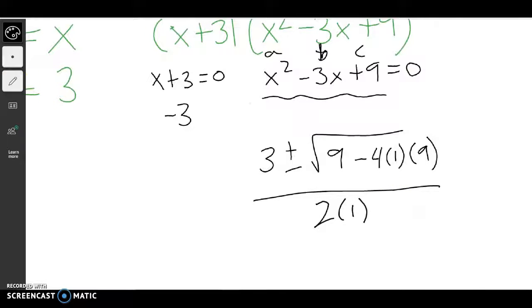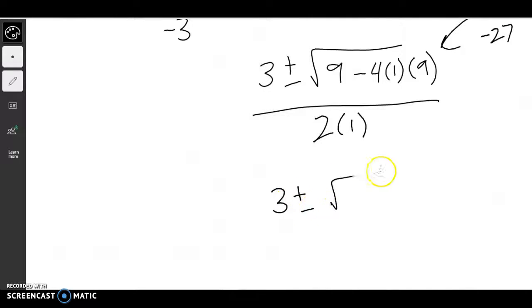Let's do some of this. So always get that first side in, so that would be 9 minus 36, which will give me negative 27.